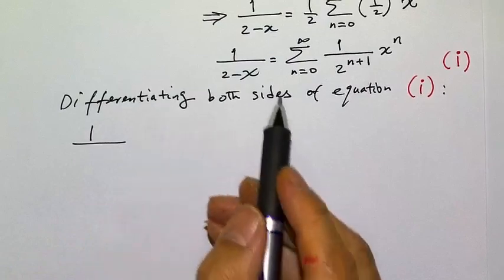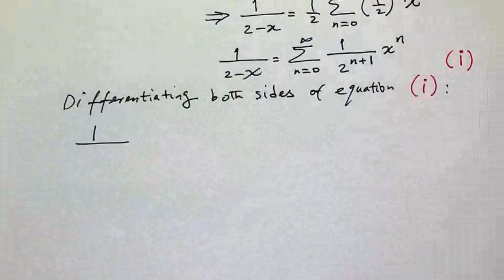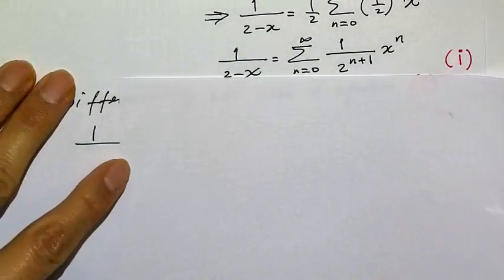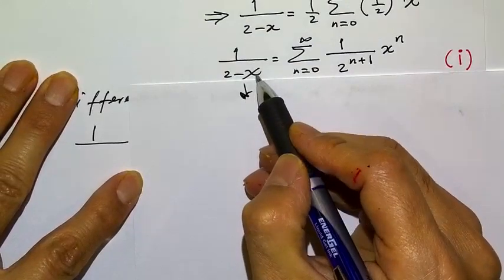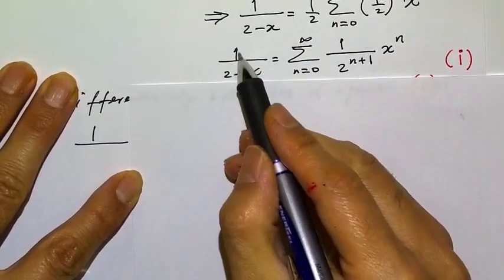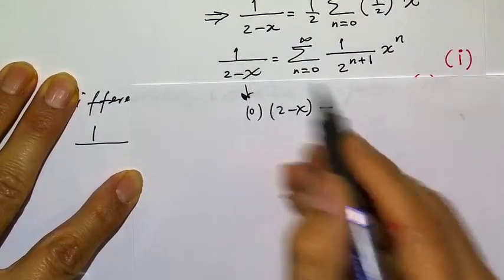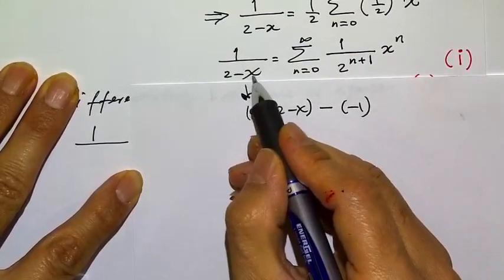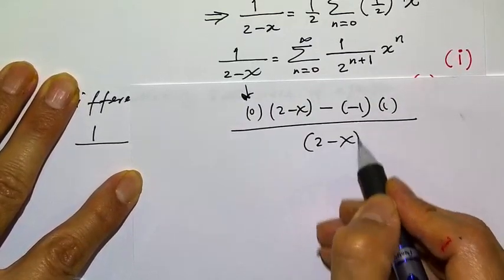1 over, so, well, let me grab my scratch paper again. So on the left, what do we have for this piece? The derivative of that would be 0 times 2 minus x, minus 1, which is the derivative of this, times 1, divided by 2 minus x squared.